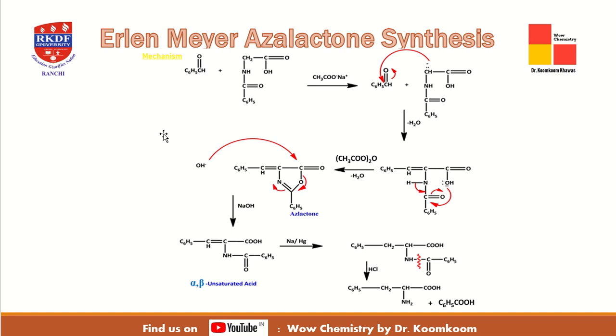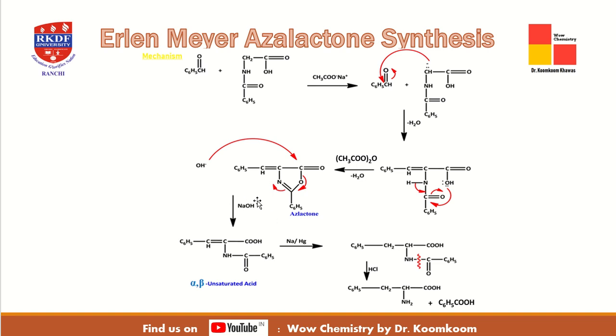So here is the mechanism. In presence of the base sodium acetate, a reaction occurs over here. The nucleophile is generated and it attacks the electrophilic carbon atom, and immediately in presence of sodium acetate and acetic anhydride, a cyclization occurs as I've shown over here, and a cyclic product azlactone is formed.